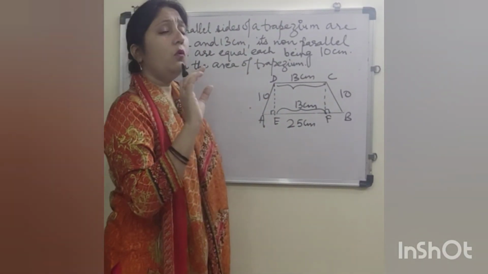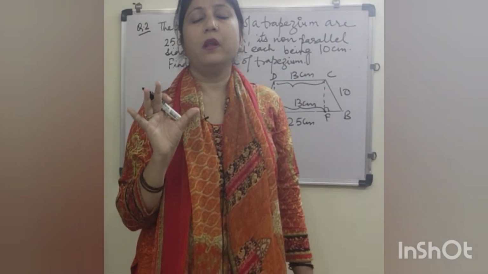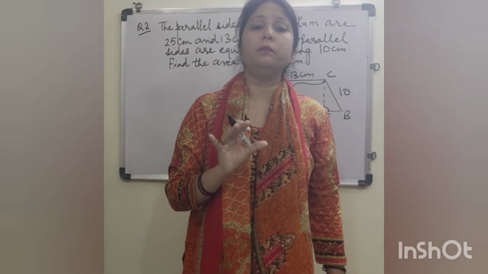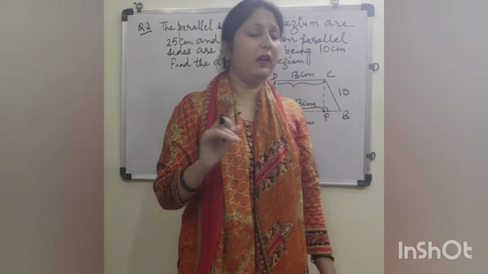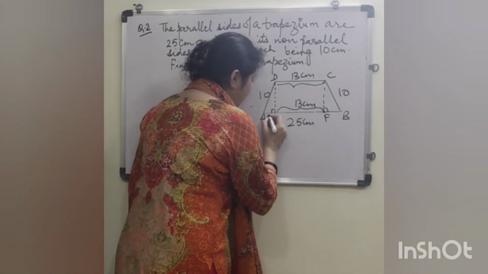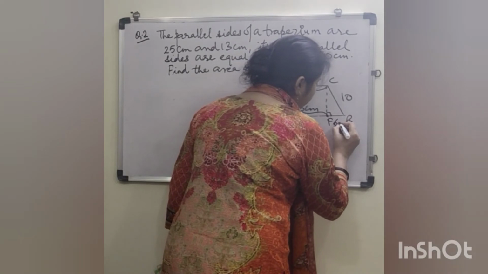Now out of 25 you have taken up 13. How much is left with you? 12. That will be equally distributed to this AE and FB.